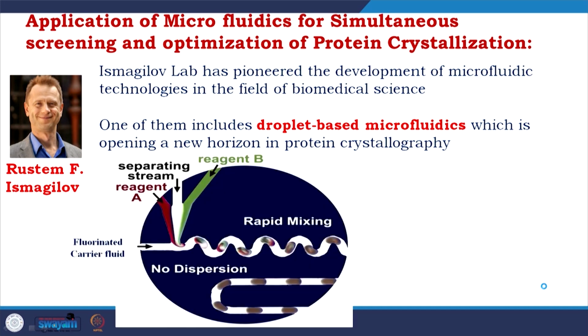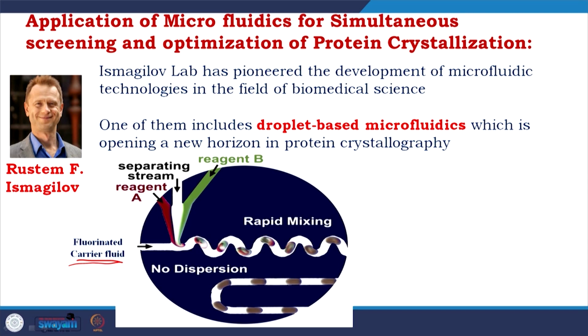This is the system. You see, this is where you have different channels: you have reagent A, you have reagent B, and you have a separating stream, so that they are separated and they mix only when the fluorinated carrier fluid meets them there. So, there are three things: reagent A, let us take this as protein, reagent B, let us take this as the precipitant, and the fluorinated carrier fluid.